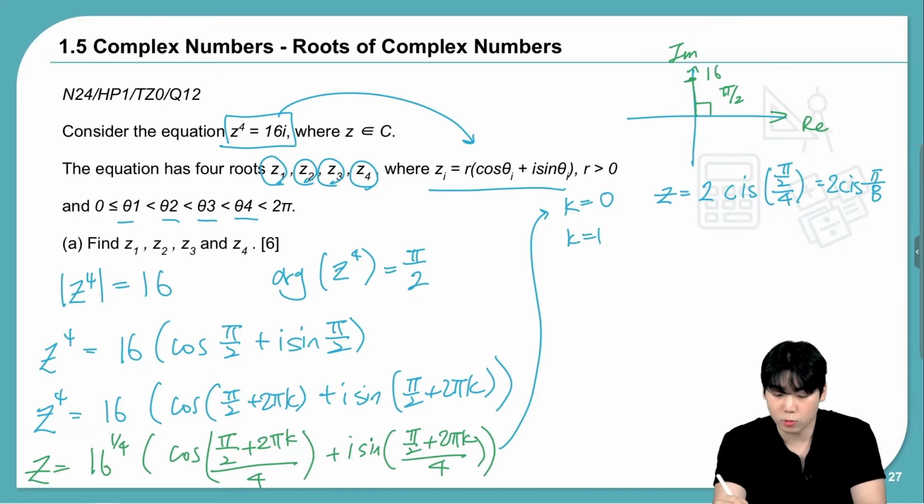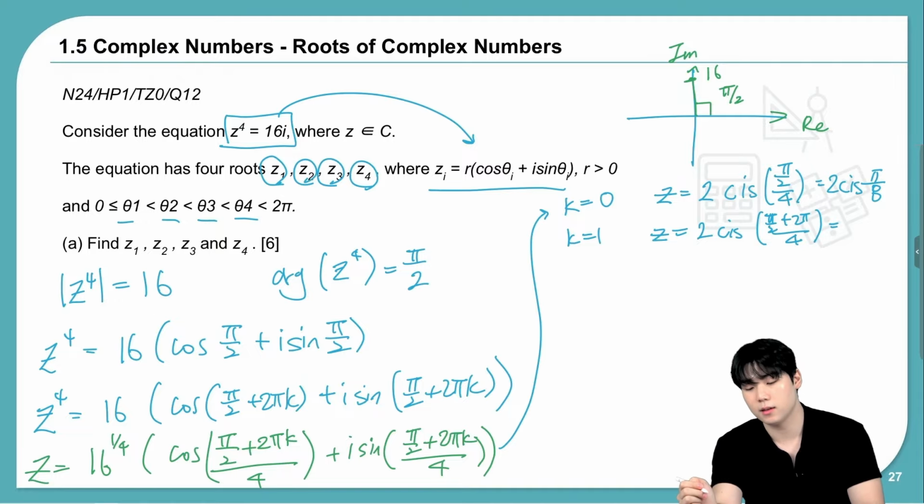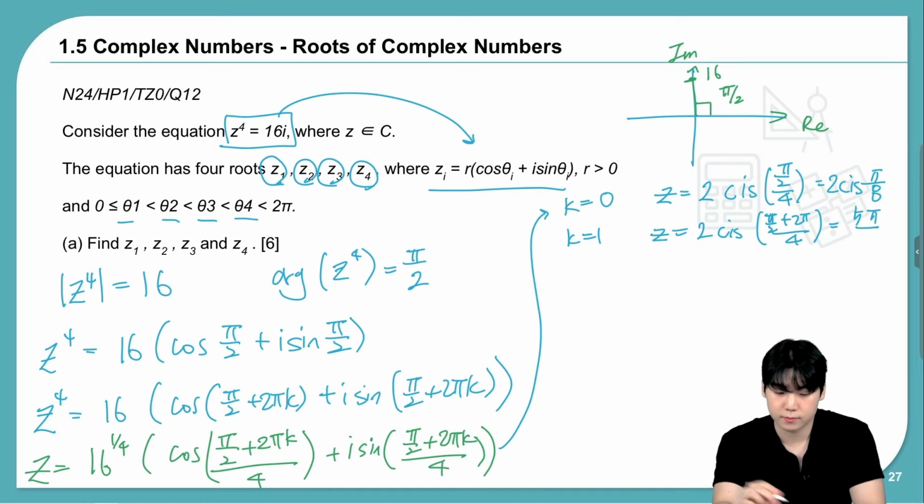And when k is equal to 1, z is 2 cis of pi over 2 plus 2 pi, all over 4, so that is 2 cis 5 pi over 8.